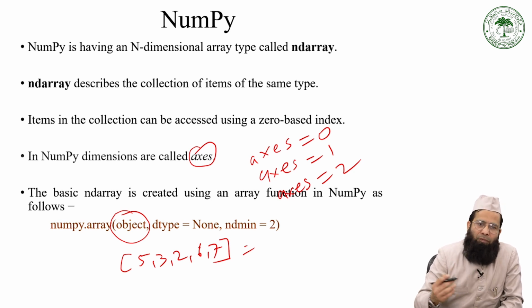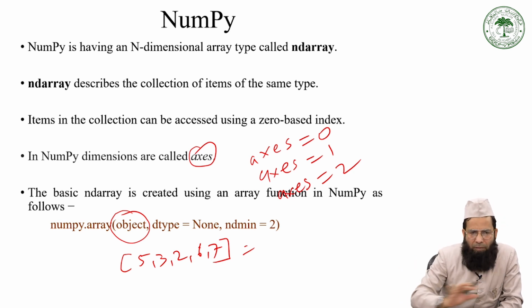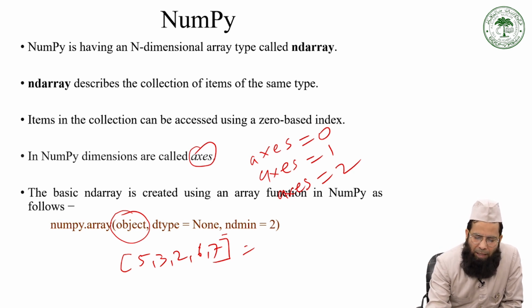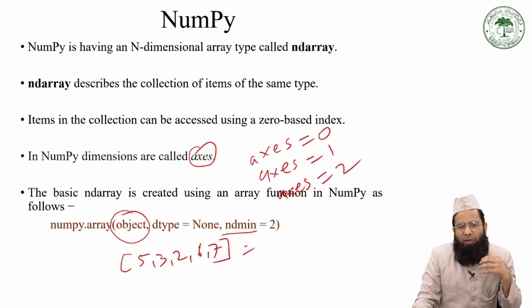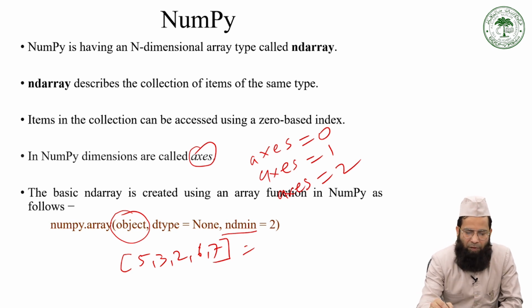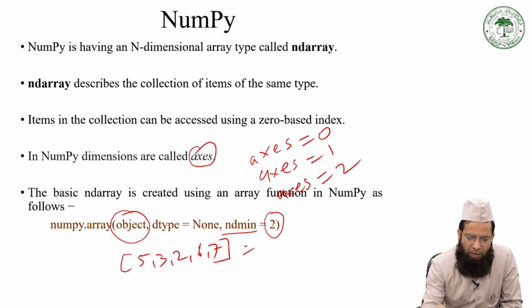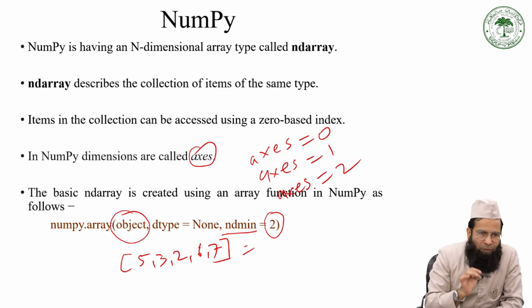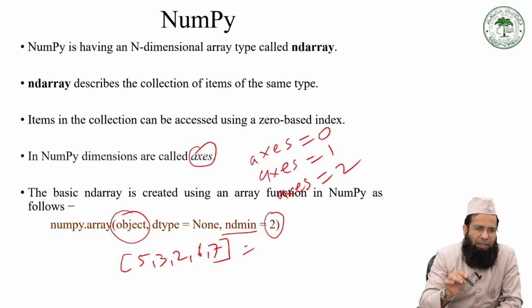Similarly, you have float values and unsigned integers. There are several data types. And ndmin means number of dimensions. Here it is given as 2, which means it is supposed to create a 2D array.